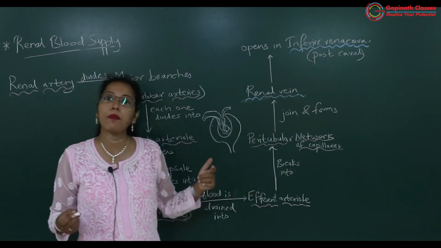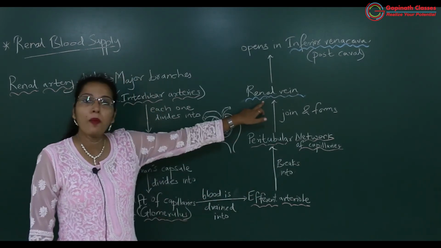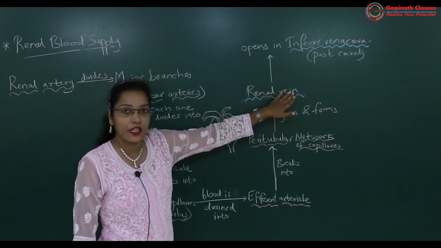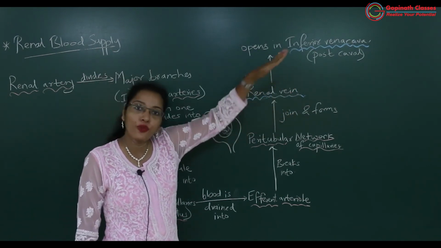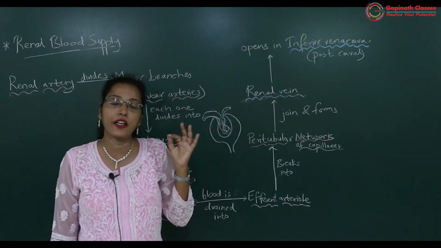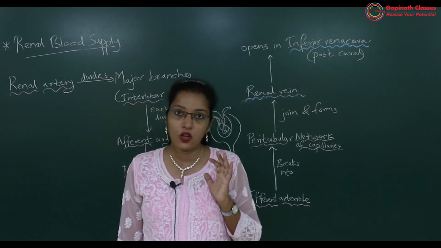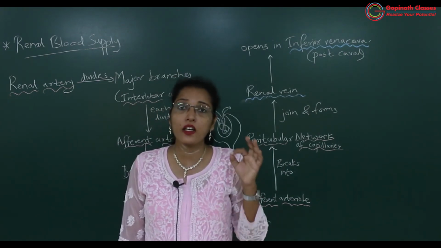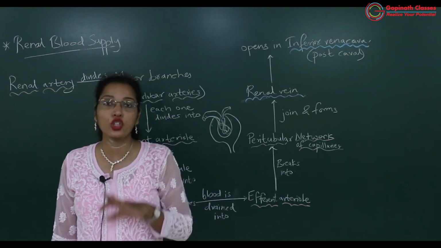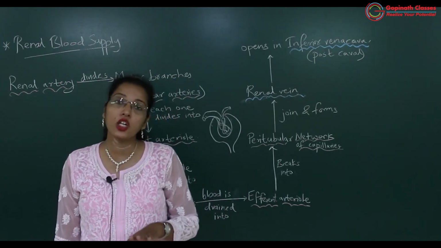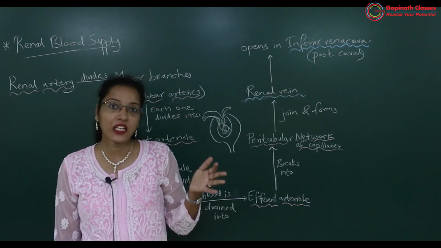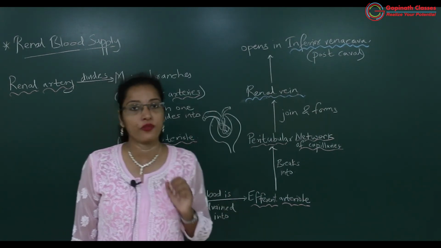These blood capillaries rejoin to form the renal vein, and this renal vein comes out from the hilum of the kidney and joins the inferior vena cava. The inferior vena cava, also known as the post caval, carries deoxygenated blood from the kidney towards the heart, to the right auricle or right atrium of the heart.